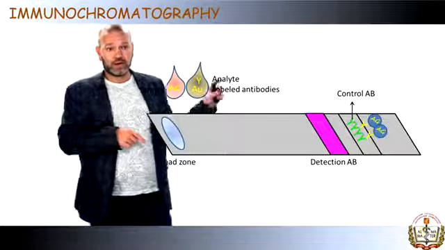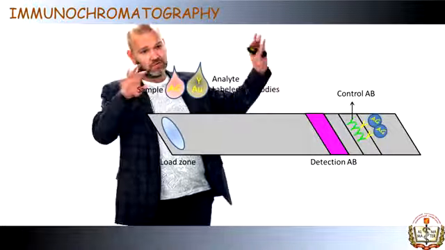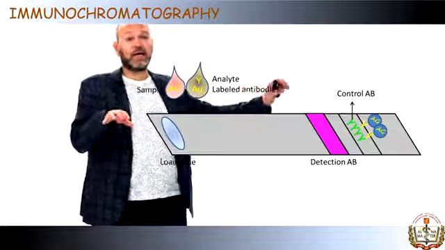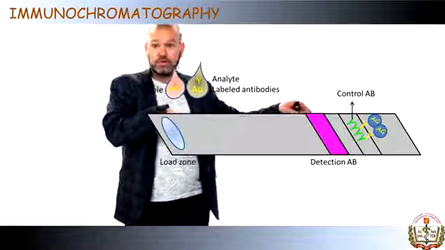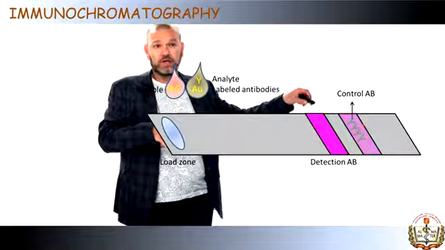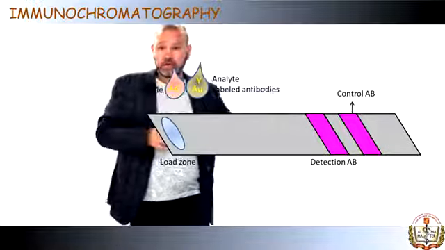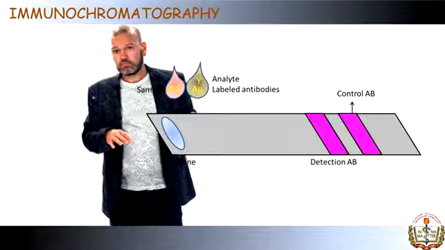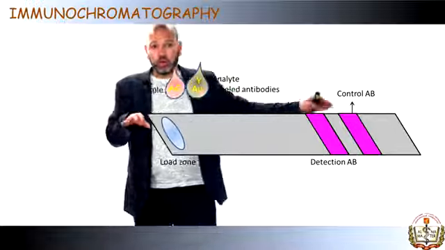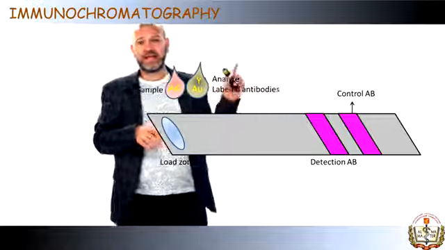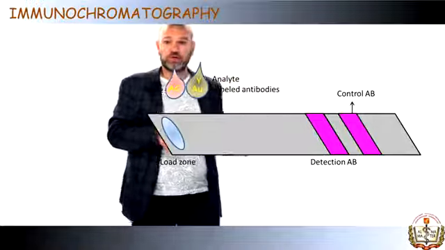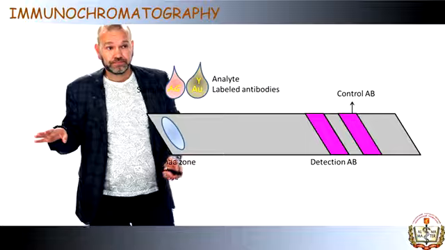So when your complex or even antigens are absent, only antibodies will reach that control zone. They will stop here. And the same conjugate will give you a result here. So the control zone always should be positive. If it's not formed, it means that something is wrong with the analyte solution, and your result is for sure incorrect.